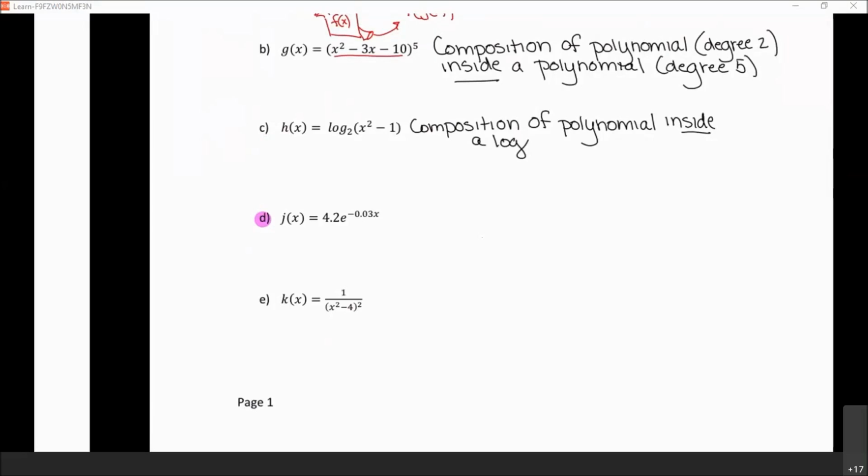Okay, and if it's a product, can you identify the two functions multiplied together?